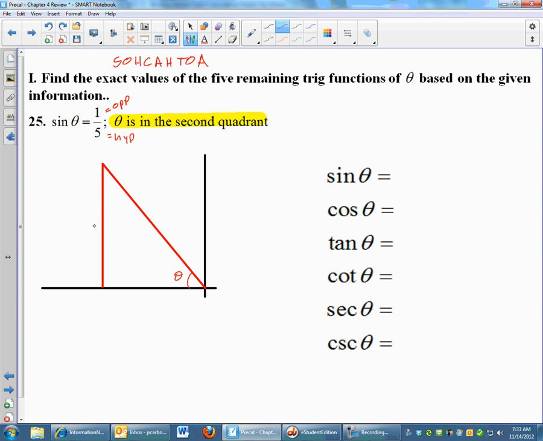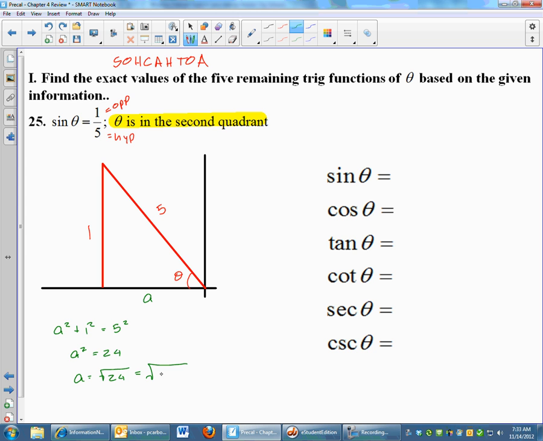From theta, I know my opposite side is 1, my hypotenuse is 5, and we do need to find the adjacent side. That's going to be the Pythagorean theorem. So a squared plus 1 squared is equal to 5 squared. A squared is 25 minus 1, which is 24. A is the square root of 24.